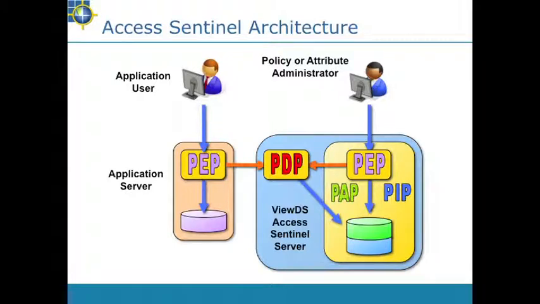But most important, we can now, with this architecture, fully realise the goal of unified authorization policy that applies to everything within the organisation, including the authorization system itself. And that's because the PDP in the ViewDS Access Sentinel server is the same PDP that's used by the PEPs in the application servers, and it's the same PDP that's used by the PEP that controls access by the policy and attribute administrators accessing the content within the ViewDS Access Sentinel server.